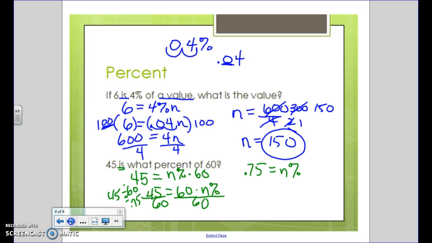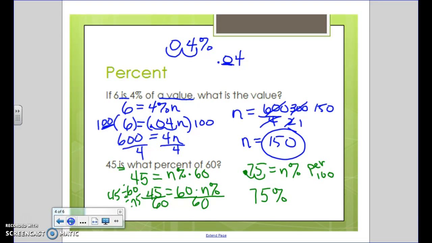Now I know that the percent that I'm talking about is already moved 2 decimal places, so if I'm looking for that percent, I need to move it 2 decimal places to the right. The percent is per 100, and so this is not representing per 100. I need to move it 2 spots, so I know that we would have 75%.